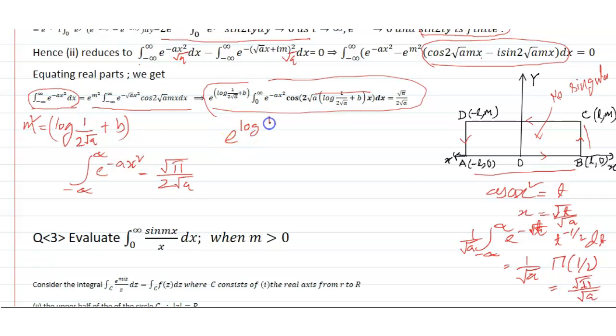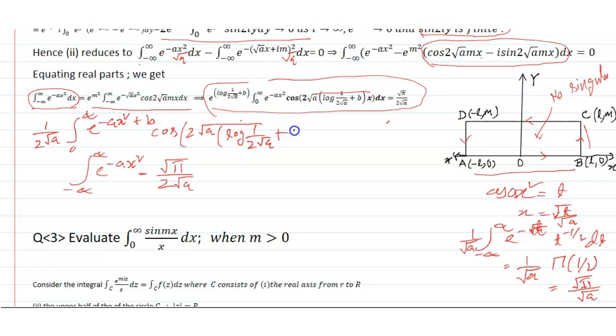e to the power log 1 by 2 root a and e to the power b can be added in here, that is, the integral from 0 to infinity of e to the power minus a x square plus b, cos of 2 root a root over log 1 by 2 root a plus b, x dx, equals root over pi by 2 root a.